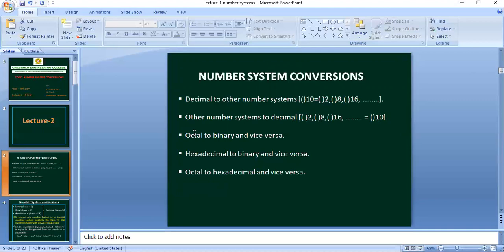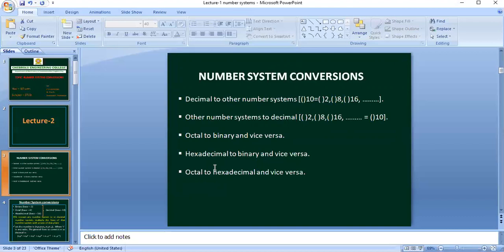Another classification is octal to binary and vice versa, hexadecimal to binary and vice versa, and octal to hexadecimal and vice versa. Octal to binary and vice versa means octal to binary and binary to octal, and similarly for the others.